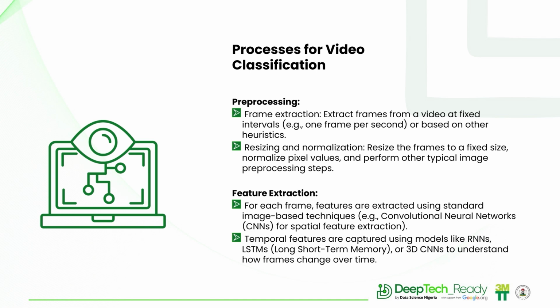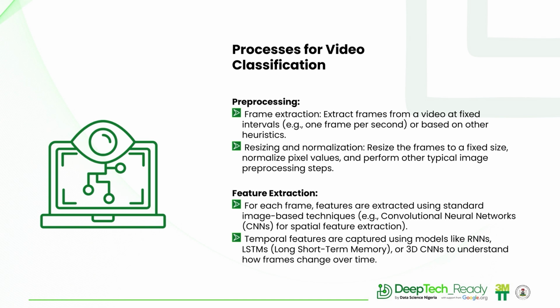That is the frame, the spatial processing. Then temporal features, that is the relationship across all the frames, are captured using models like RNNs, LSTMs or 3D CNNs to understand how frames change over time. So that's what we mean by feature extraction.